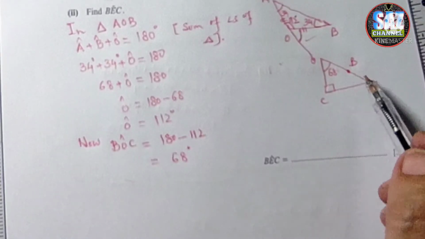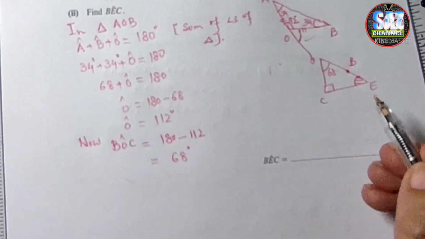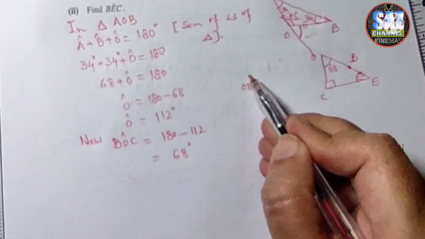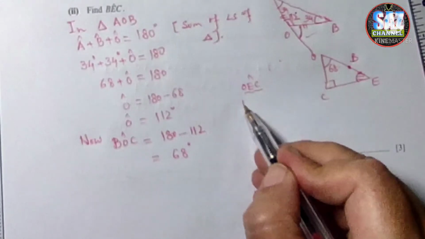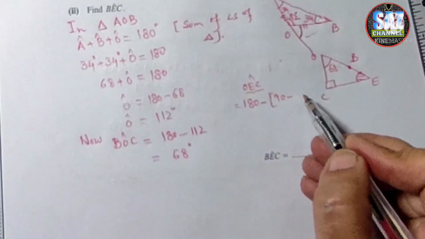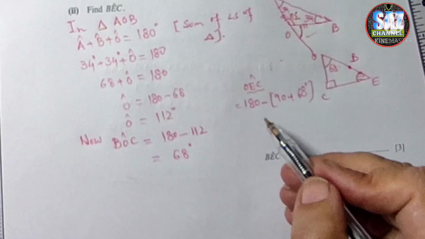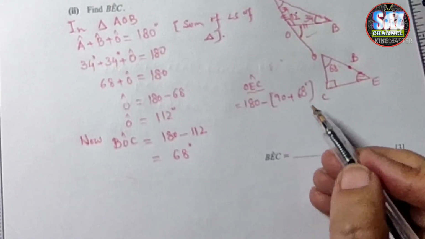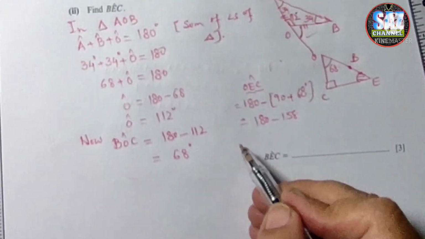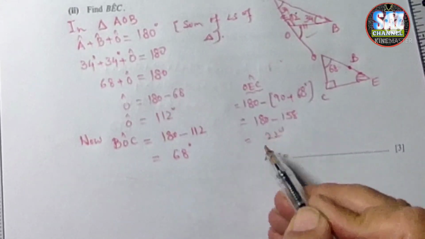So either I can use the name BEC or I can use the name OEC. Angle OEC will be equal to 180 minus 90 minus 68. 90 plus 68 is 158, and 180 minus 158, I have to take this away from 180, and this is 22 degrees.